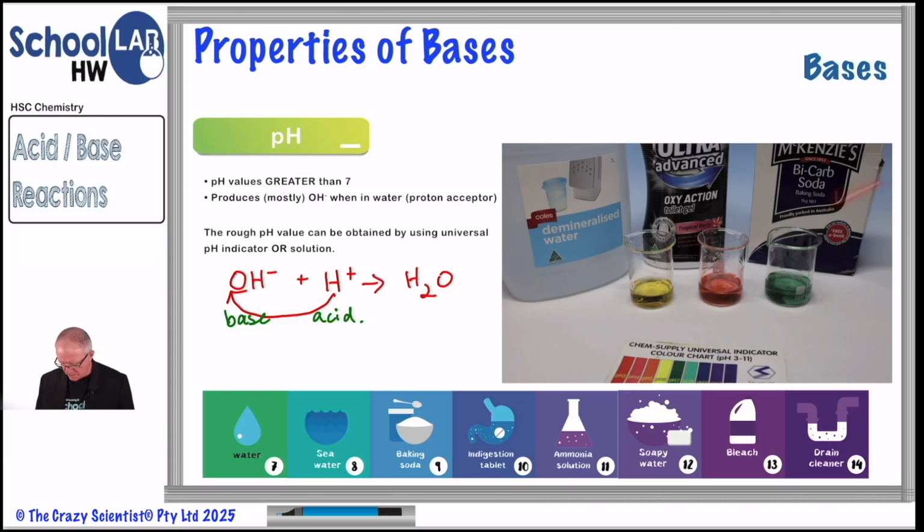We've got some bicarb soda which is giving us a pH of around 8. Then we have some cleaning solution here, but this one interestingly is an acidic environment, and this one is slightly acidic with some demineralized water. Very interesting, but we can distinguish between the pH of different solutions and classify them as acid, base or neutral.